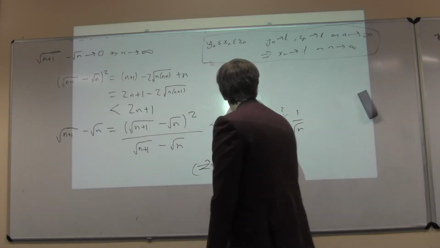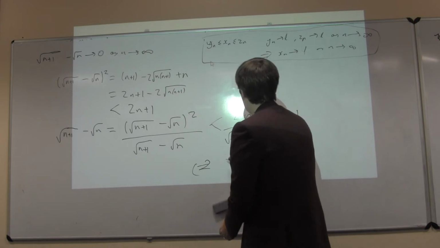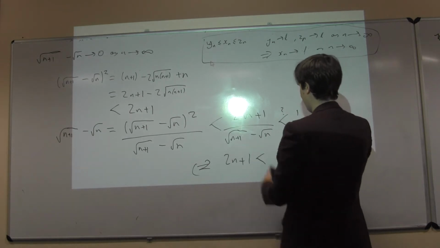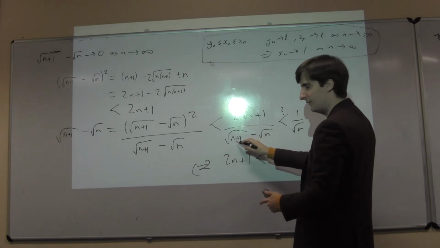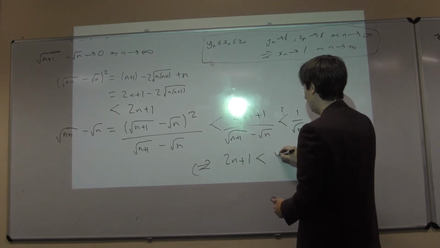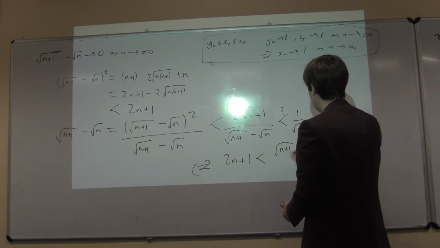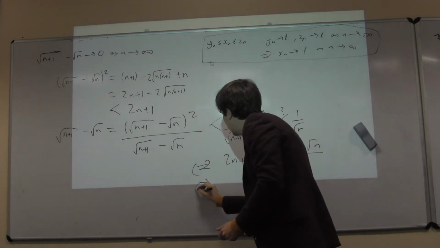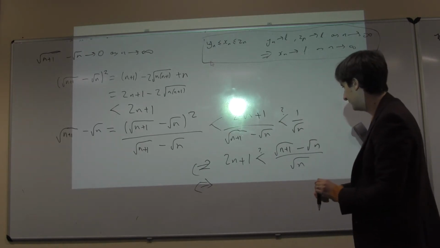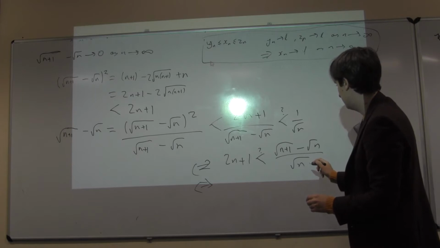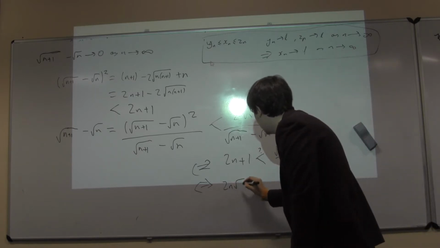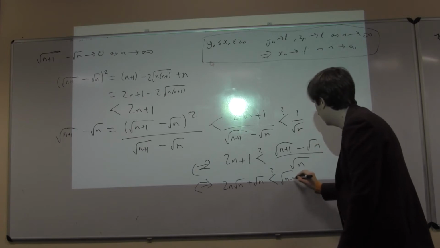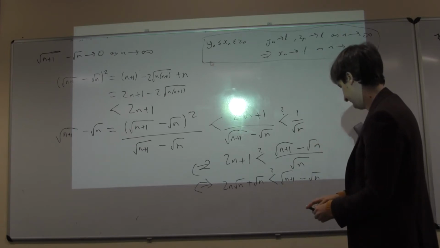That's true if and only if 2n plus 1 is less than, if we multiply both sides by this thing, which is definitely positive because n plus 1 is bigger than n, root n plus 1 minus root n over root n, which is true if and only if, let's take root n back to the other side, 2n root n plus root n is less than 1 minus root n.